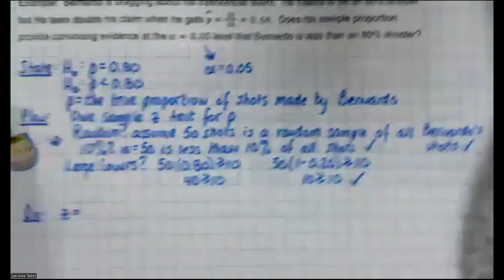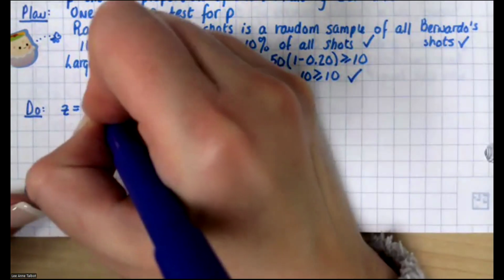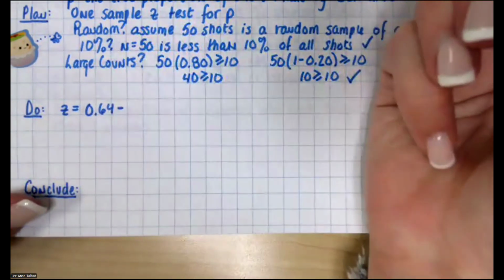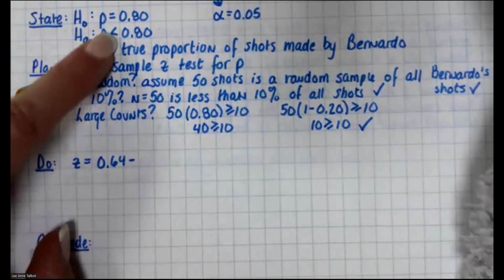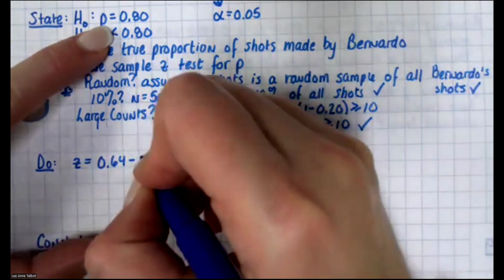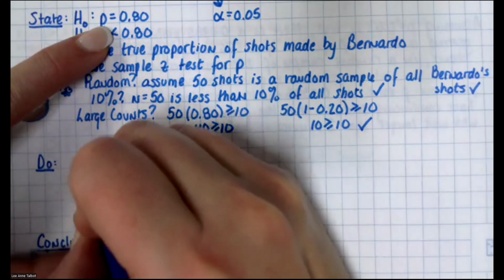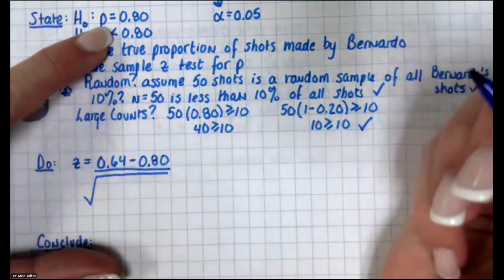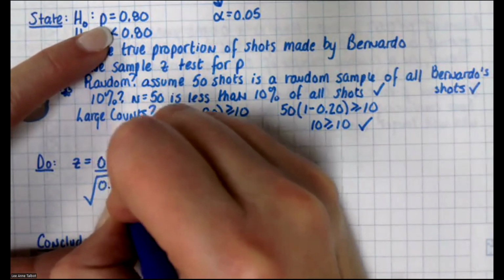So remember, statistic starts with S, sample starts with S, minus parameter. Parameter is P, that's right here. And then in my standard deviation, I need to have 0.80 because it's more accurate.